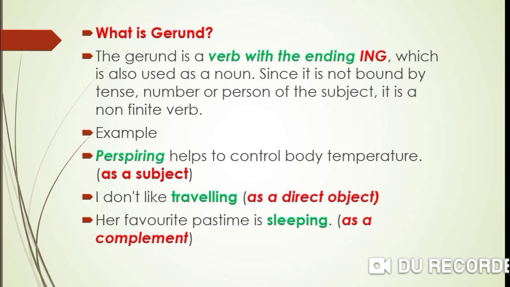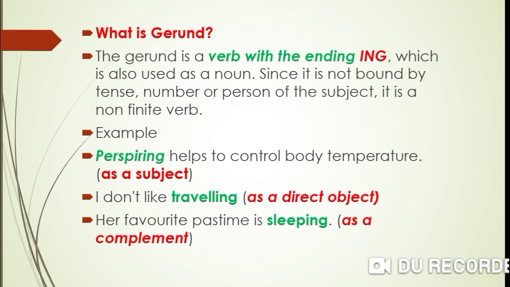Perspiring here is working as the subject of the verb help. So perspiring or sweating helps to control body temperature. Now, I don't like traveling, I don't like singing, I don't like dancing. In all these sentences you can find that the ing word is working as a direct object after like, that is object.